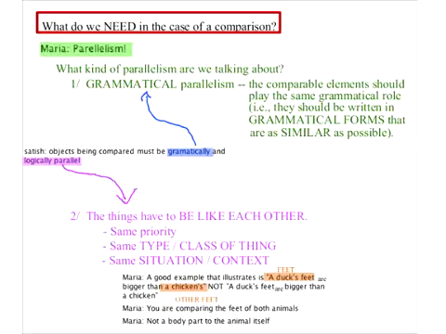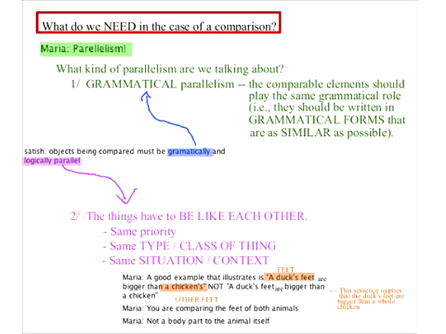So this sentence implies that the duck's feet are bigger than a whole chicken. So that's obviously false if you've ever seen a chicken and a duck before. So that means the sentence is incorrect.